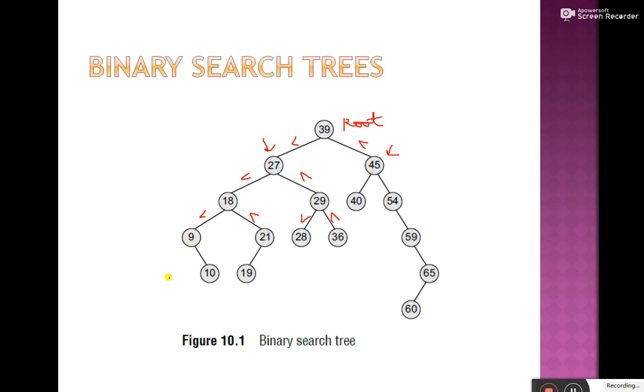Here 9 has no left node, so the right node, which is greater than 9, is 10. Also the left node of 21 is less than 21, that is 19. Similarly, the same rule is applicable to the right subtree.